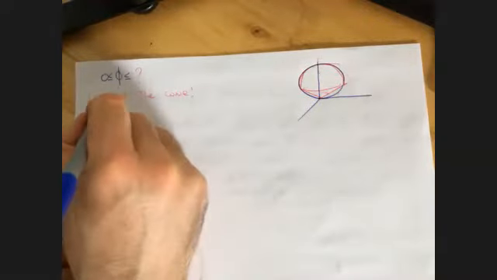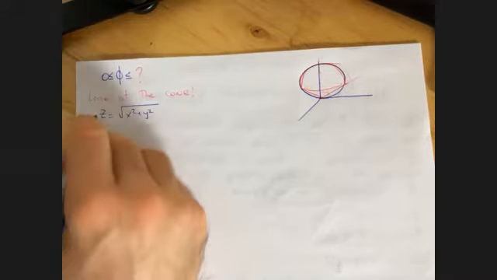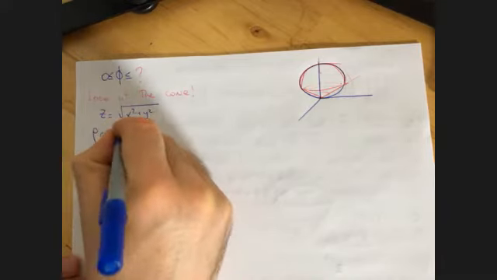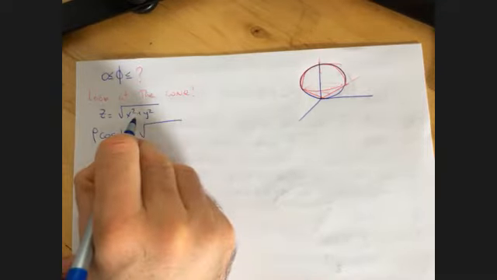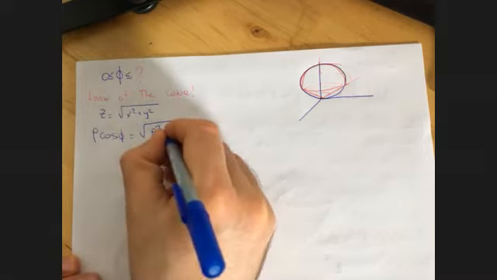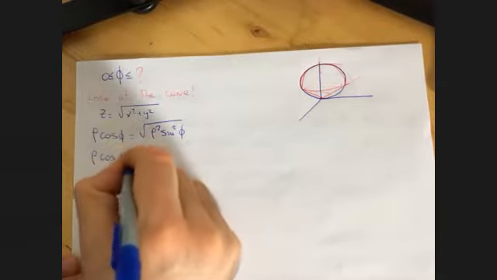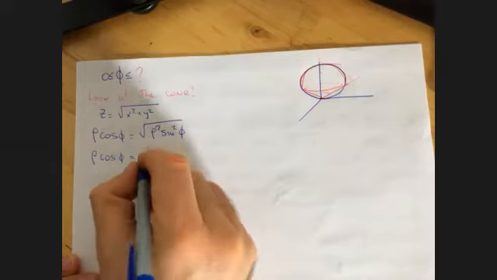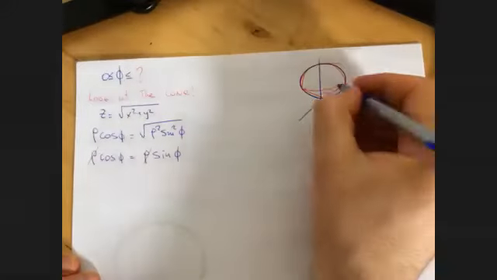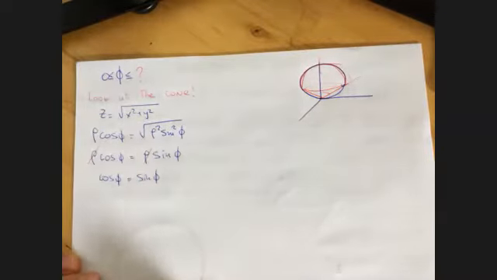The equation of the cone said z is equal to square root of x squared plus y squared. What is z in spherical coordinates? It is rho cosine phi, equal to the square root of rho squared sine squared phi. The square root of rho squared sine squared phi is just rho sine phi, and because rho is not zero here, I get cosine phi is equal to sine phi.